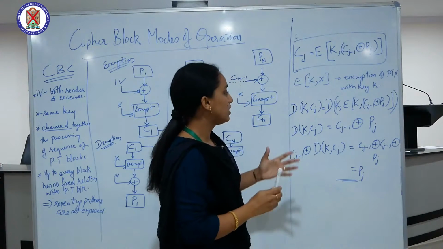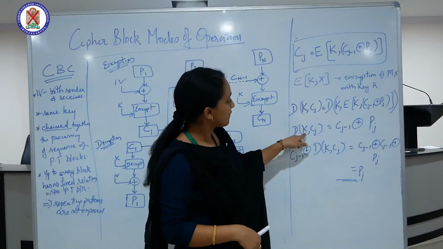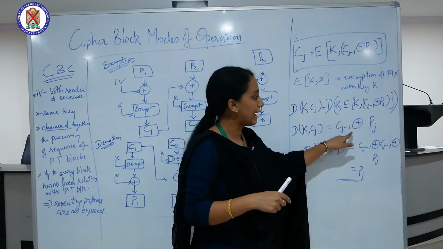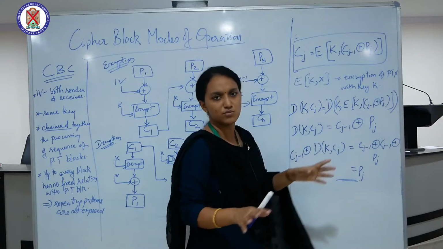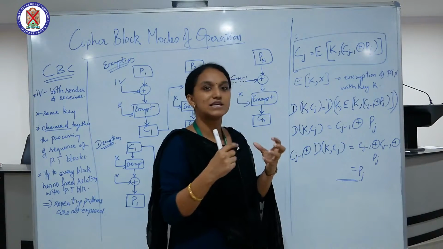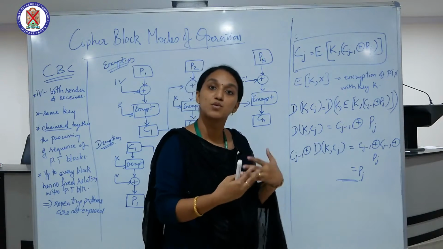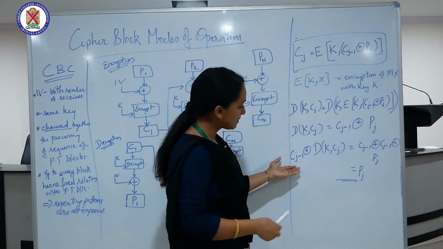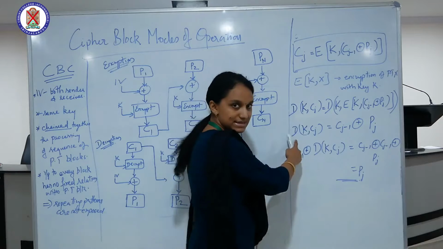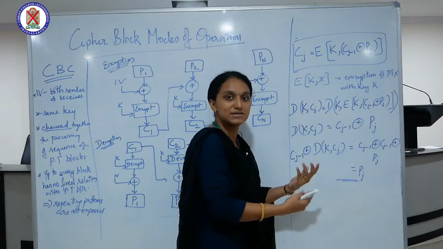Clear? Now let's rewrite it. How? D of k, Cj is actually the preceding cipher XOR the plain text, the same as what we did here. And if you want to make the equation more simplified, you can XOR Cj minus 1 on both sides. So Cj minus 1 is being XORed with D of k, Cj on the left hand side, and I'm doing the same on the right hand side, so that there is no change in the equation.